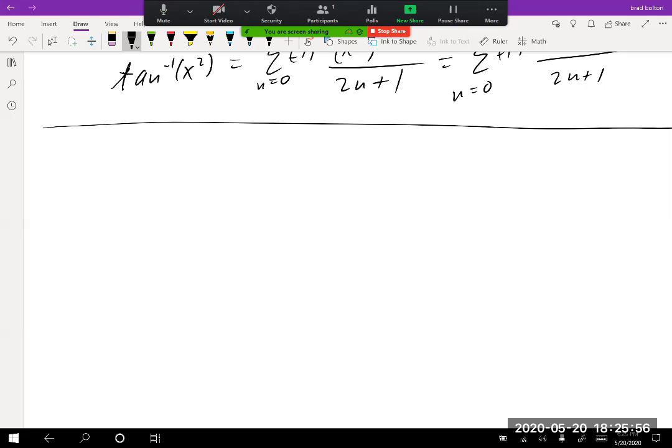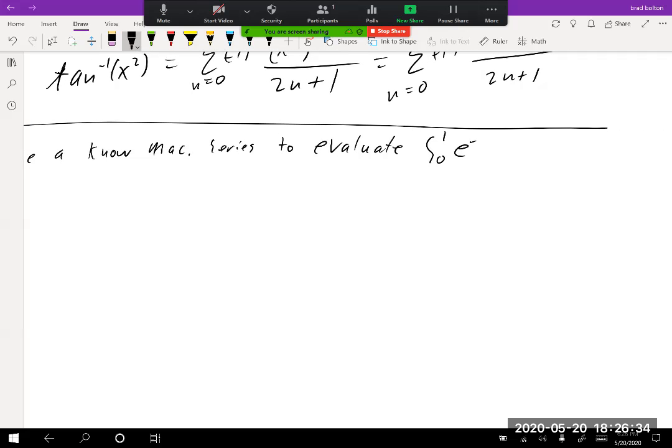Okay, so now let's say that I gave you: use a known Maclaurin series to evaluate the integral from 0 to 1 of e to the negative x squared dx.